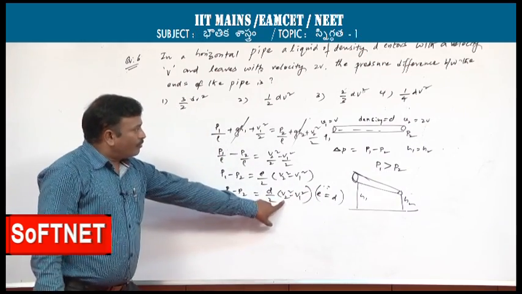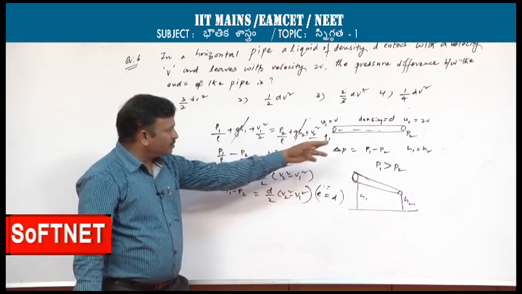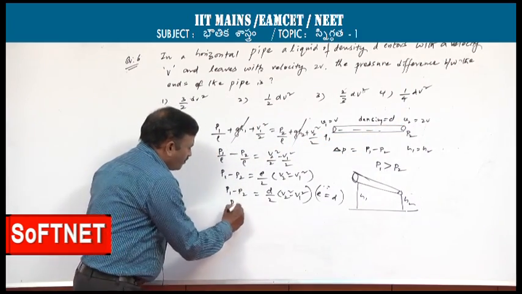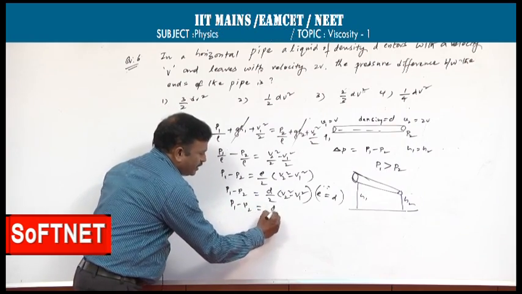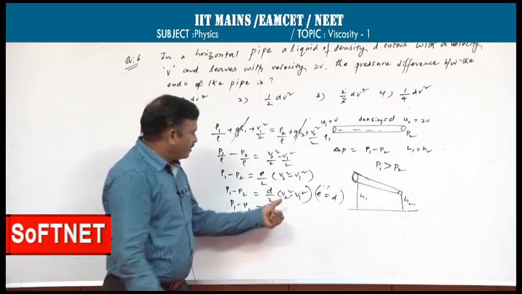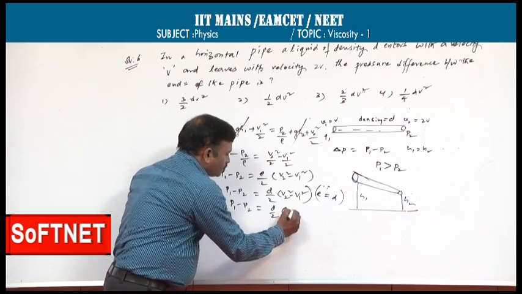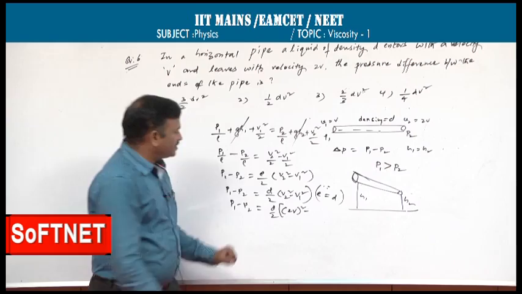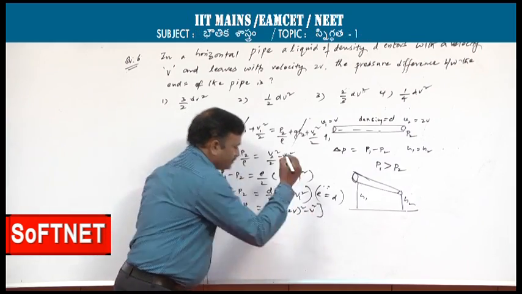Here V2 is 2V. Let us substitute the values: P1 minus P2 is equal to D by 2 into (2V) whole square minus V square.